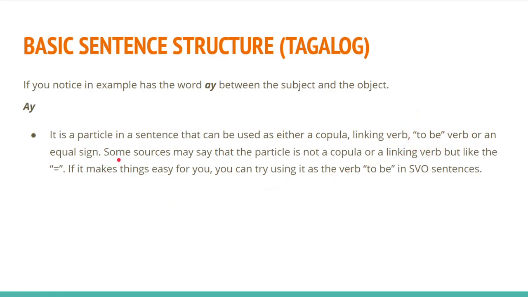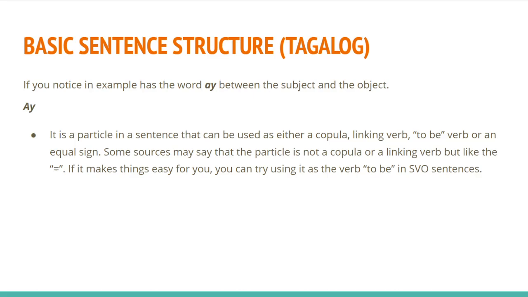However, some sources may say that the particle is not a copula or a linking verb, but they could say an equal sign. In my opinion, I actually agree with the first sources, linking verb.